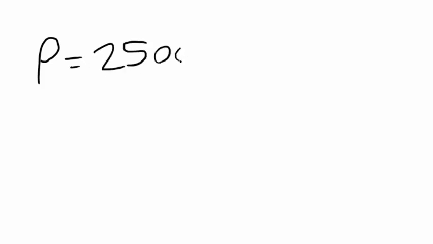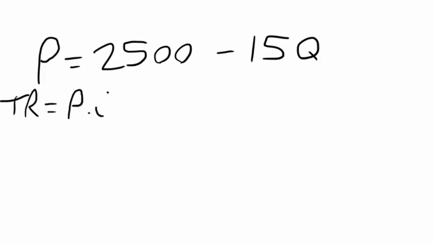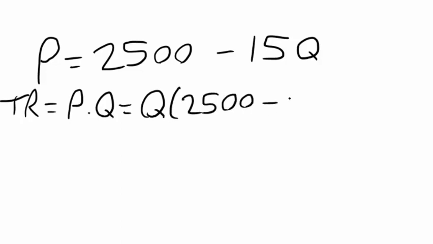Now in order to find our marginal revenue, we need to look back at our price function, which was 2,500 minus 15Q. In order to get to marginal revenue, we need to get the total revenue, and total revenue is equal to the price times the quantity. So we have Q times our price function of 2,500 minus 15Q.